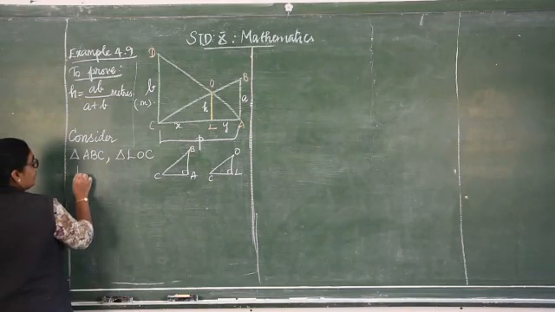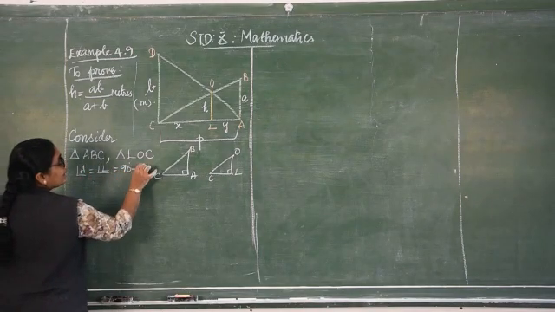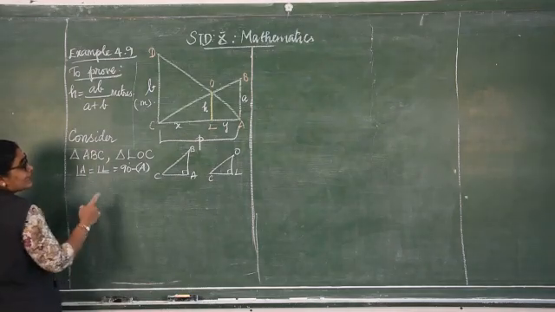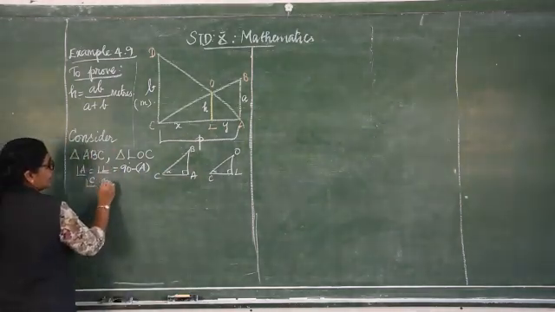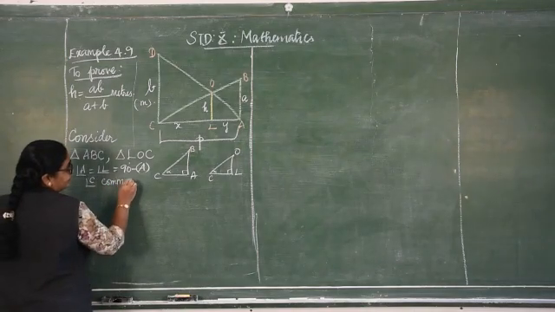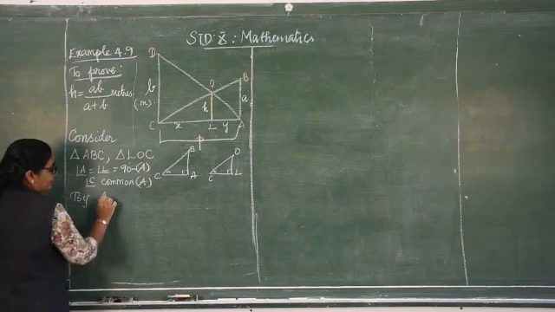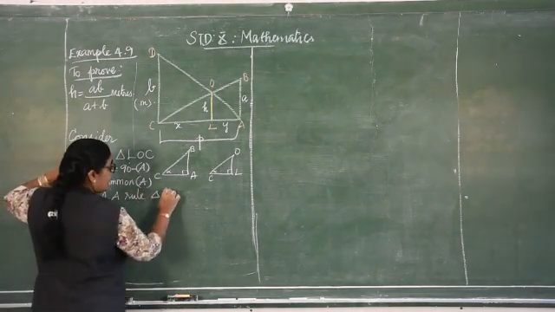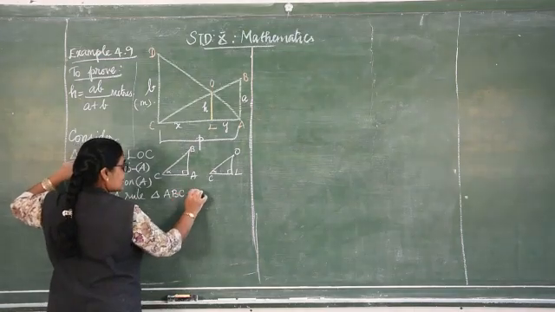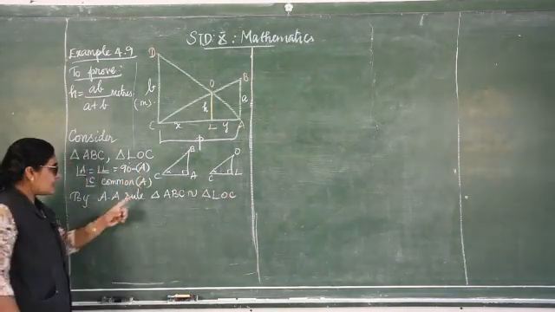So we know that the measure of angle A is equal to the measure of angle L, which is equal to 90 degrees, and angle C is common. So which criterion can we use? By the AA rule, triangle ABC is similar to triangle LOC. So we know that.